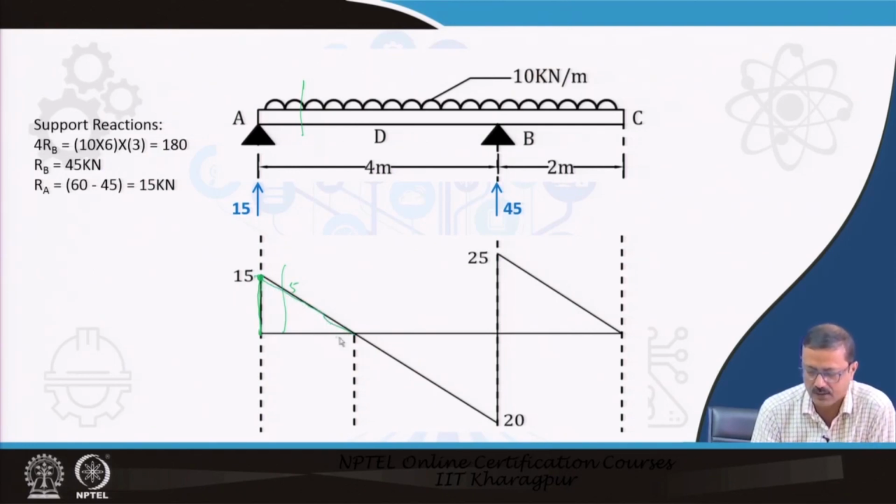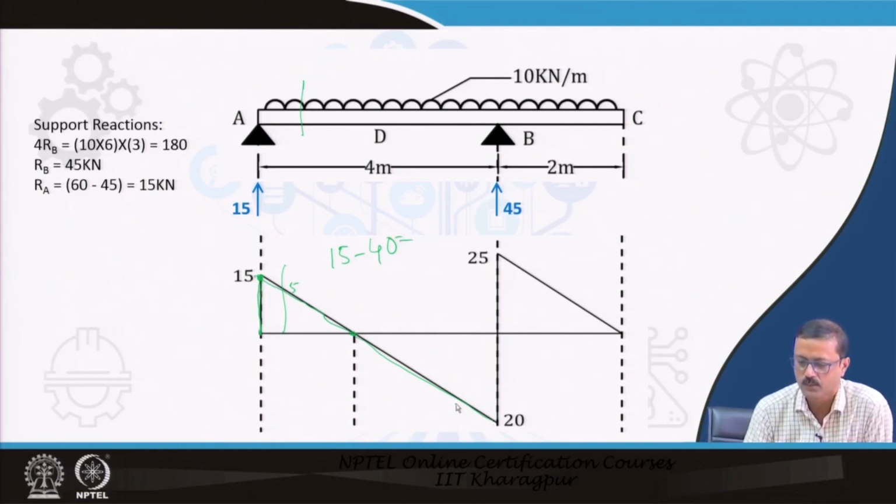After some more distance it is 0, and if you go on, after 4 meter you lose 40, so 15 minus 40 takes you down, and then the reaction of 45 takes it up, and then again it is 0.